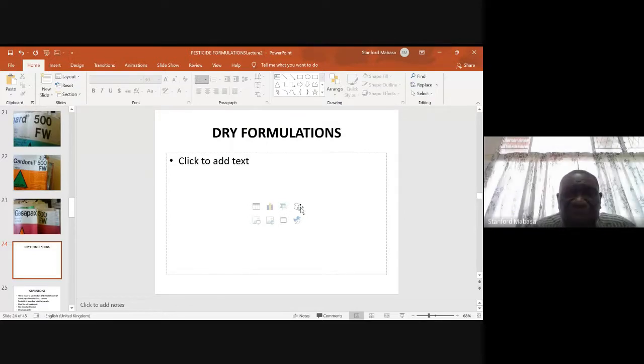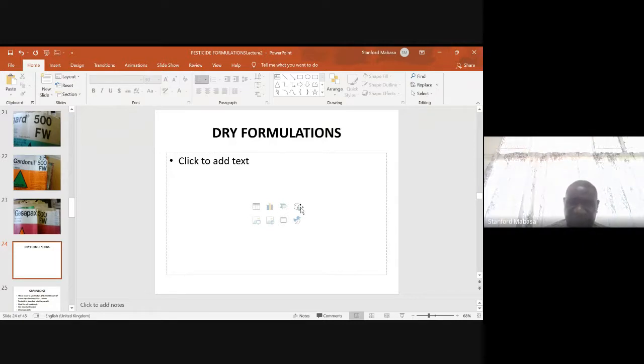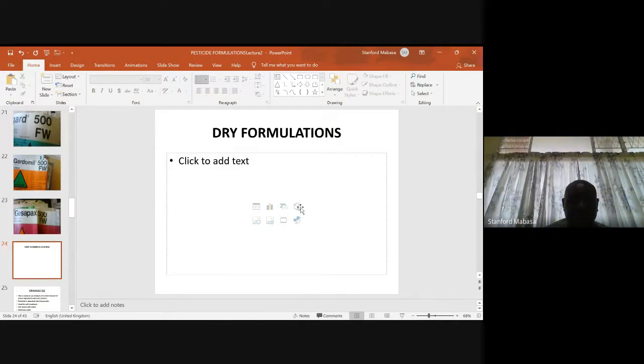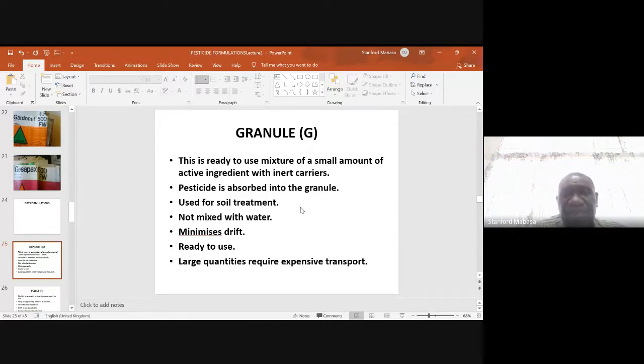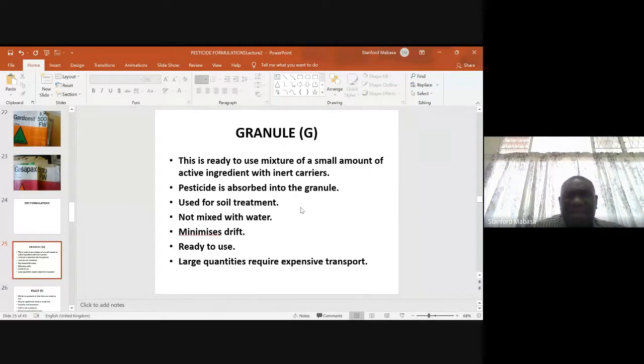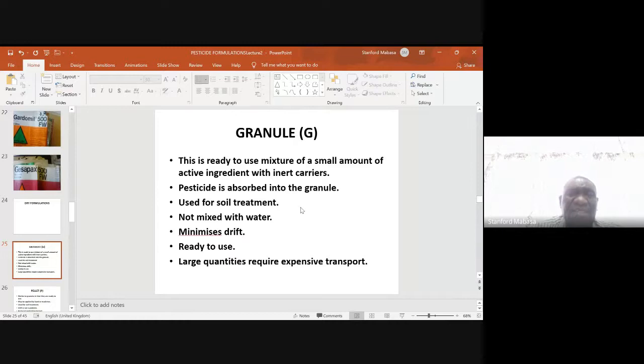Now I'm going to talk about dry formulations. You can have the pesticide presented as granules. It looks like fertilizer granules. This is a ready to use mixture of a small amount of active ingredient with inert carriers.